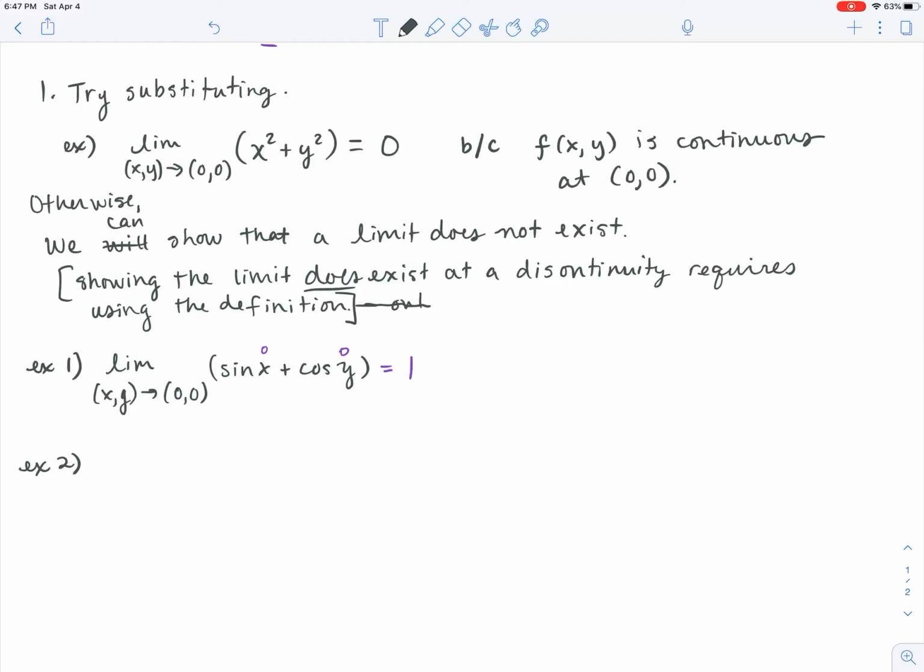Next example, let's take the limit as xy approaches 0, 0 of x squared y squared over x to the fourth plus 3y to the fourth.